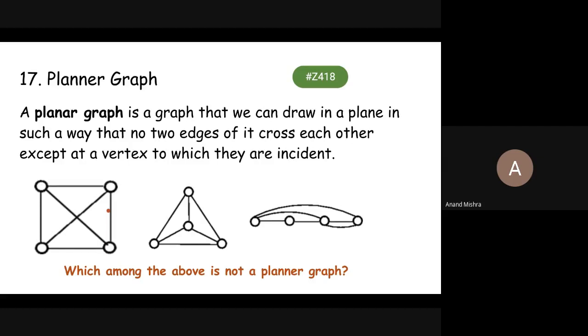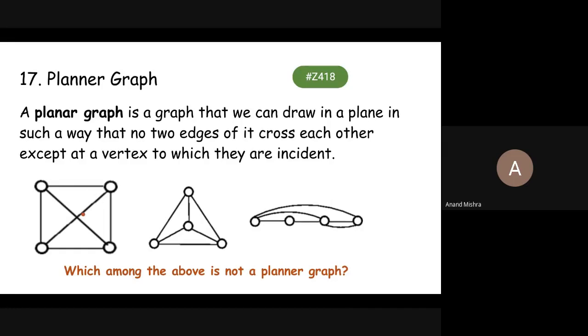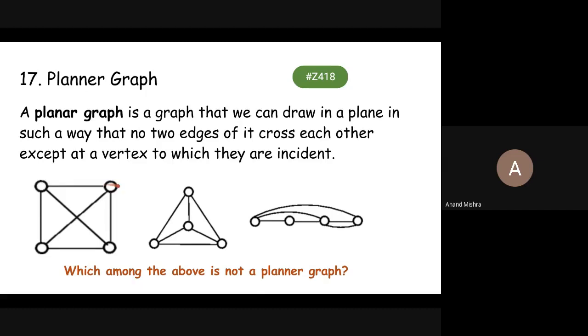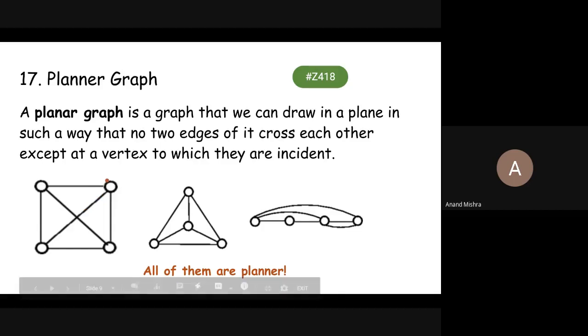Yes, there are some yes, some no, but it is yes because, of course, in this drawing it is crossing, but I can always draw it in a different way, right? I can always draw this graph in a different way so that it becomes planar. For example, this edge which is here, I can draw outside.